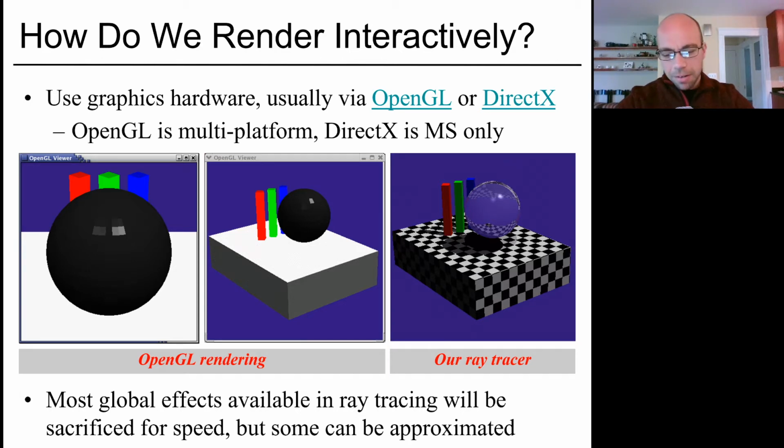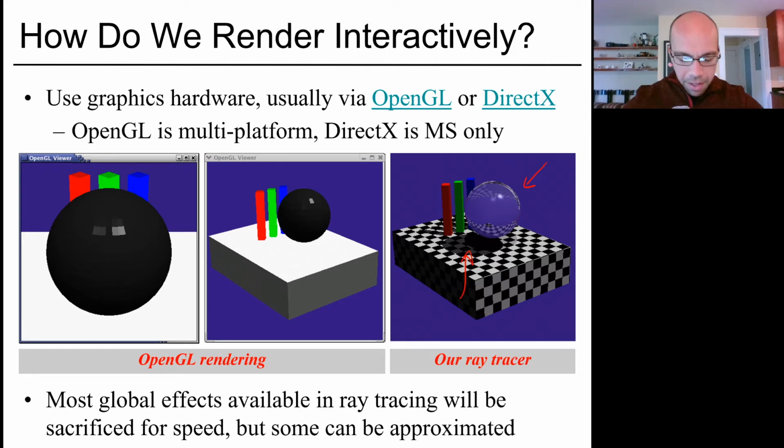Now, if you'll recall, in the last several lectures, we added all kinds of super cool effects to our ray tracing code, right? We have things like reflection, we have shadows, we can incorporate fancy textures, we could easily do anti-aliasing and so on.